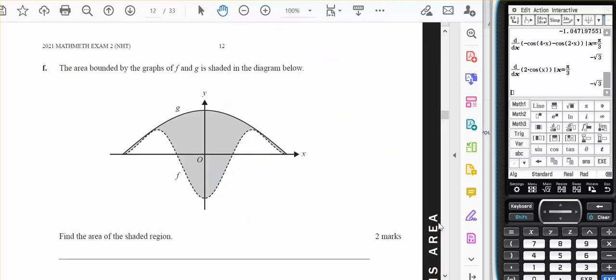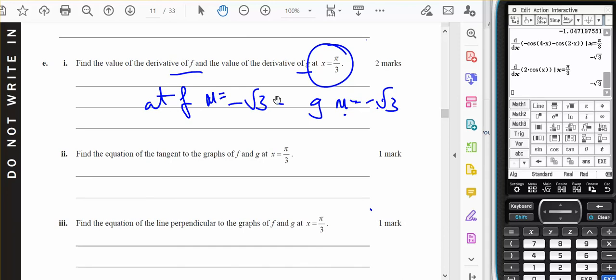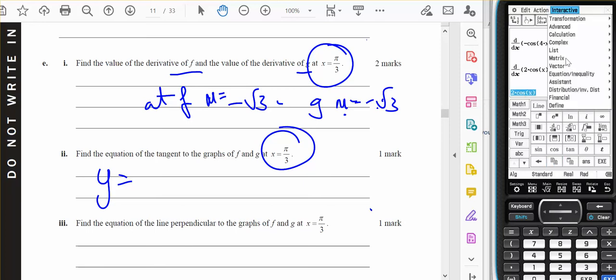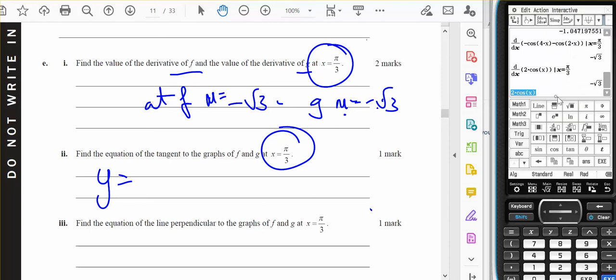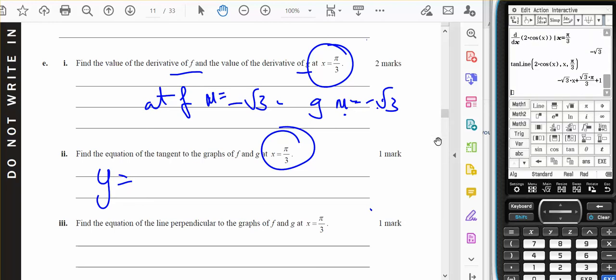Find the equation of the tangent at the same point. I'm going to copy that and select interactive, calculation, line, tan line, at pi on 3, and I get negative root 3 x plus root 3 pi on 3 plus 1.